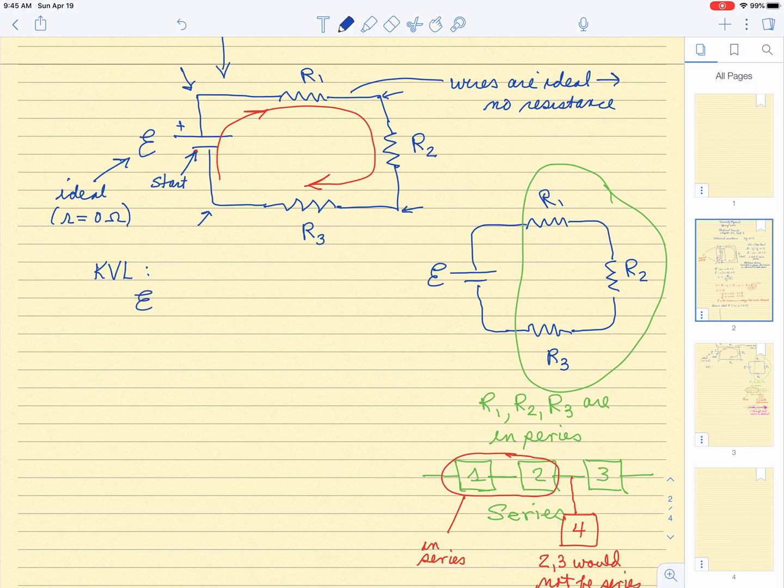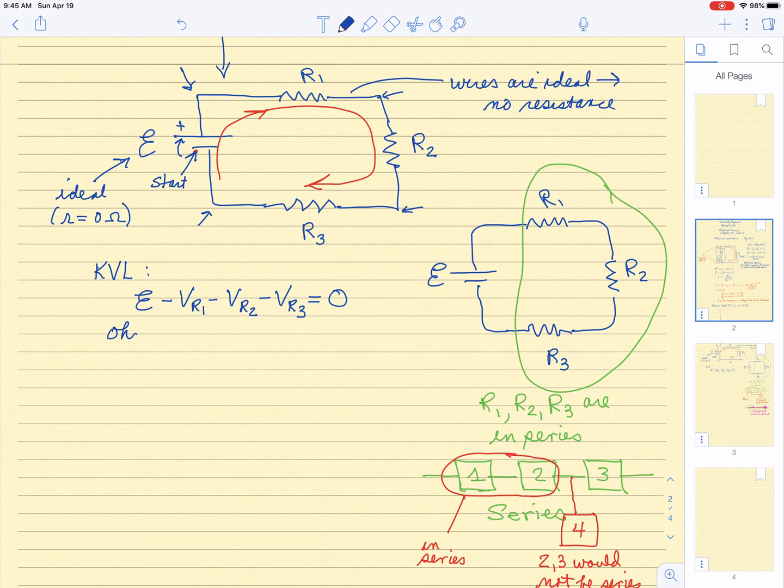So that would be script E. Charges will get a voltage gain in going from here to here. And then there's going to be a voltage drop across R1, a voltage drop across R2, a voltage drop across R3, and we come right back to the zero potential side of the EMF, and so those sum of voltage gains and voltage drops must be 0.